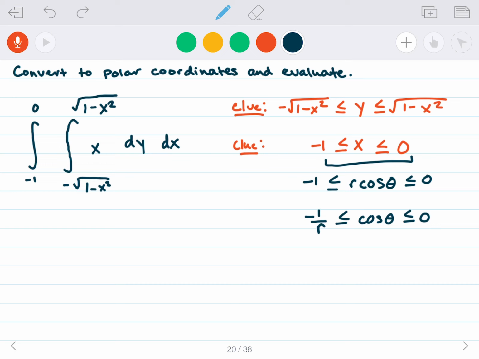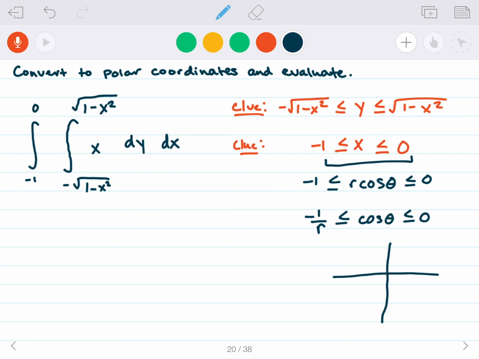Okay, so what does this tell me about theta? It says cosine is going to be smaller than or equal to 0, and at the same time, it's going to be bigger than or equal to negative 1 over r, where r is our radius. So basically it's saying that it can either be 0 or negative. Now, where is cosine negative?